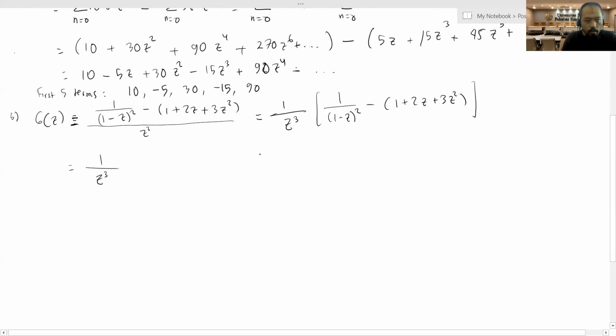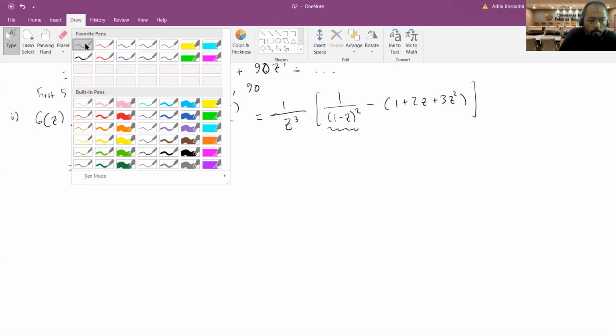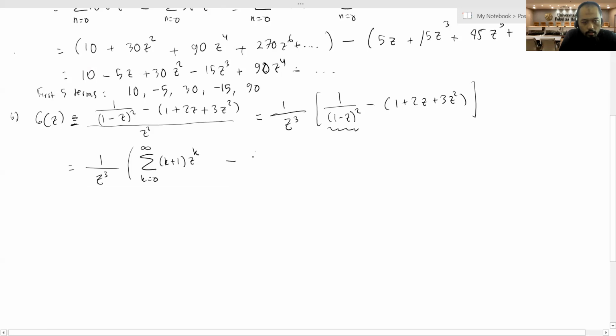Now this term can be changed into infinite summation. So you get something like this: sum of k from 0 to infinity, k plus 1 z to the power of k. Now this, of course, is minus 1 plus 2z plus 3z squared.